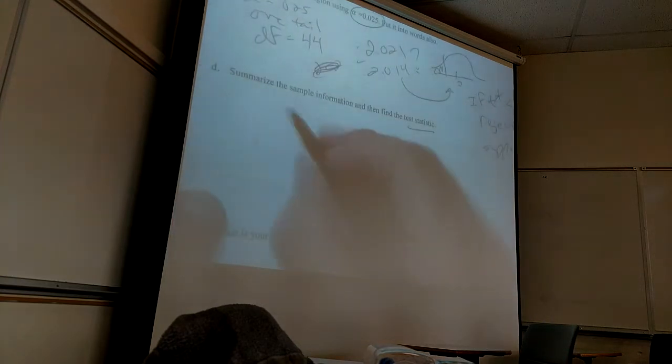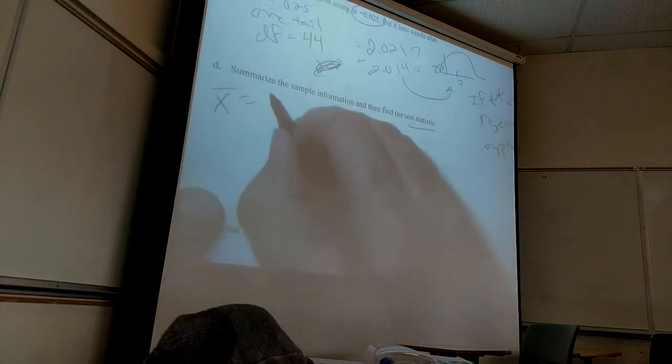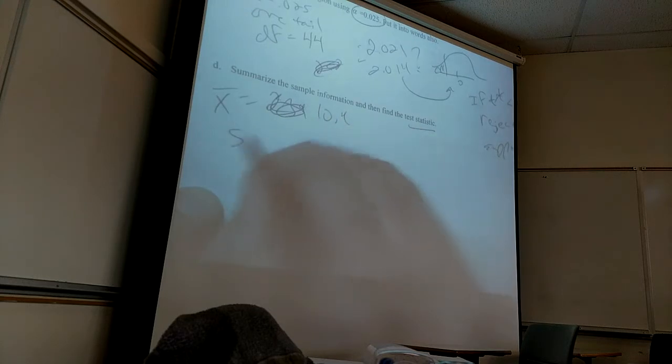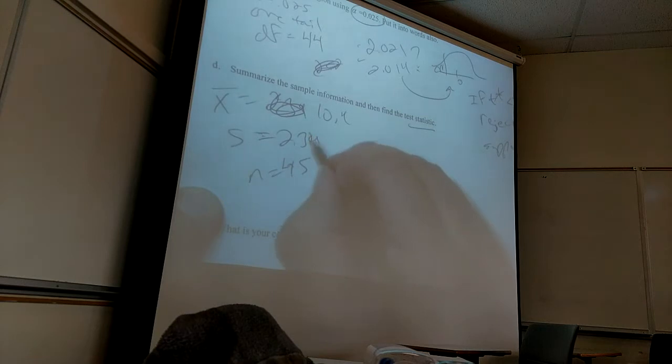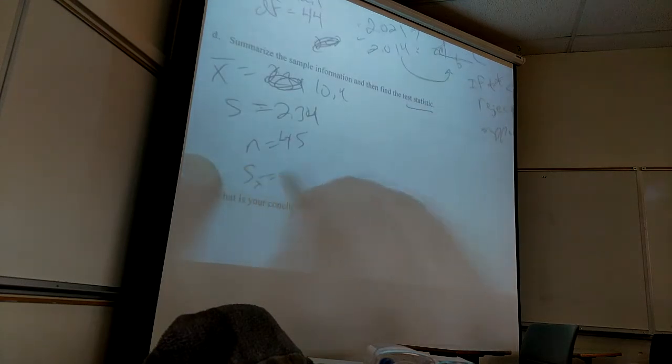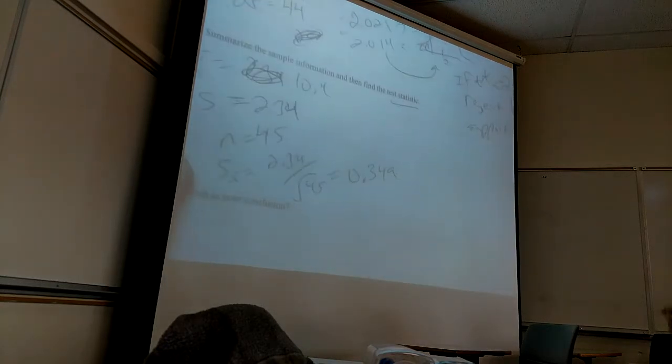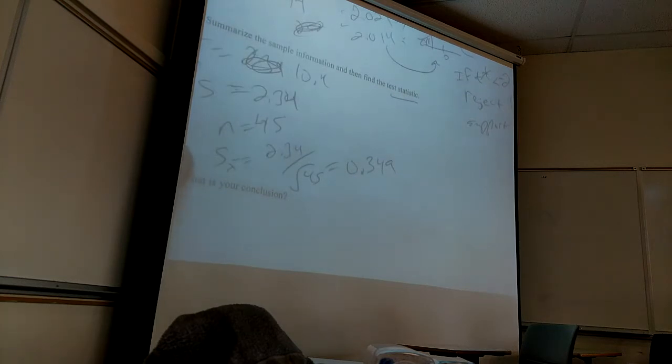So what do we know from the sample? X bar is 10.4. S is 2.34. N is 45. So what's the new standard deviation? 0.349. Now I can calculate my test statistic.